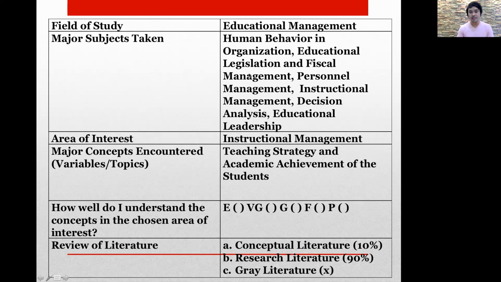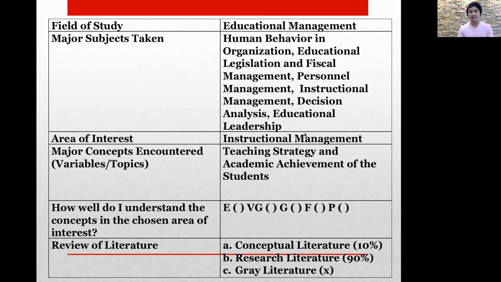Okay, so those are the three types of literature. Of course, when we talk about literature, our literature must have a combination of both international and local. Pero lumang format na yung hinihiwalay yung local literature sa international or foreign literature.